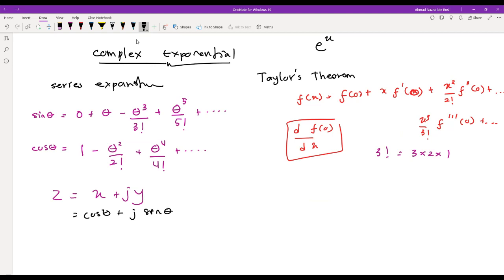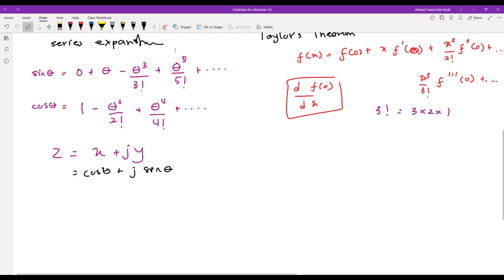And so what happens here for cos theta plus j sin theta is equal to, we combine both: 1 plus j theta, and then minus theta 2 over 2 factorial, and then minus j theta 3 over 3 factorial.